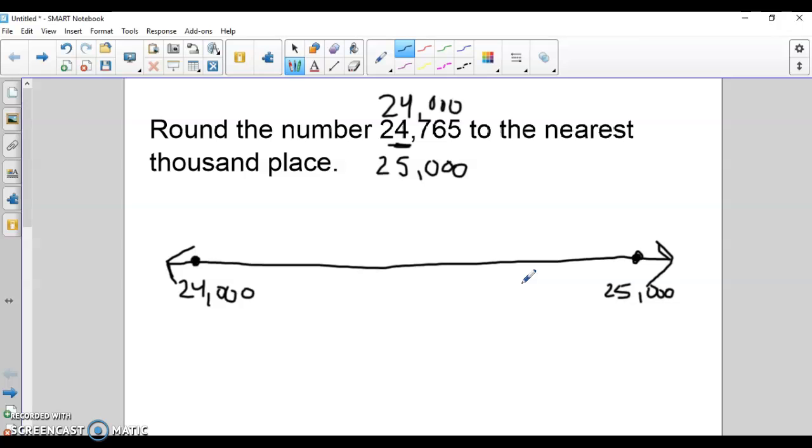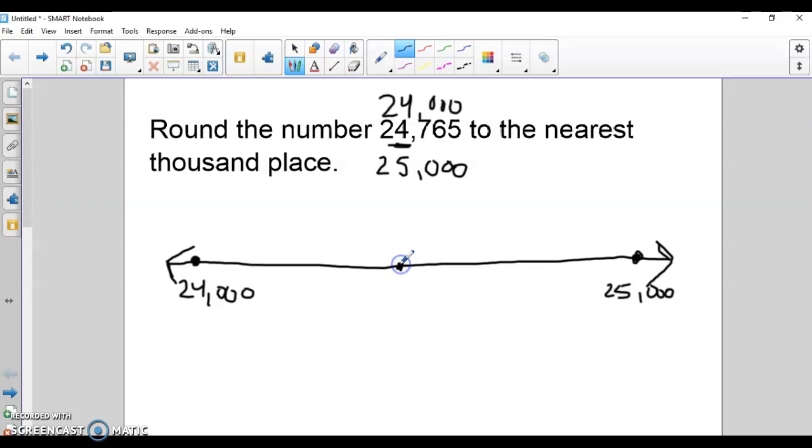Now, the second part of this is you need to find out where the rest of this number is going to be located on the number line. So 765, we got to know where our middle point is, and that's going to be our benchmark.